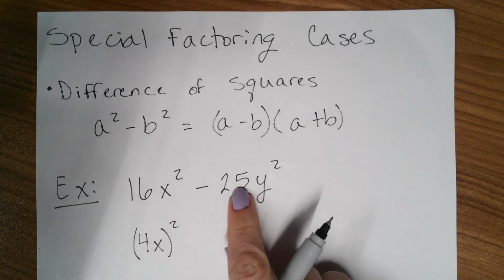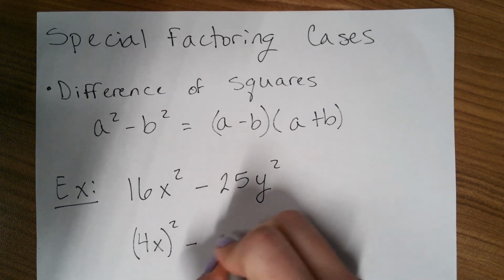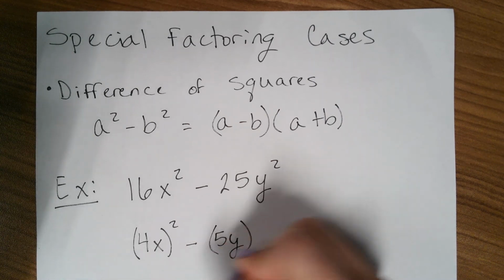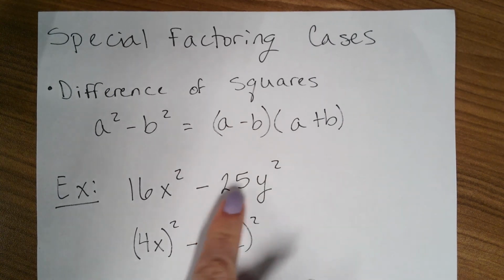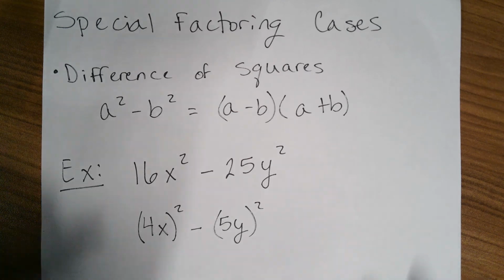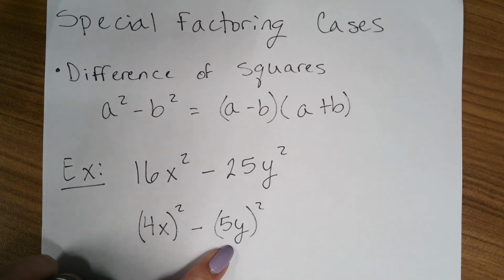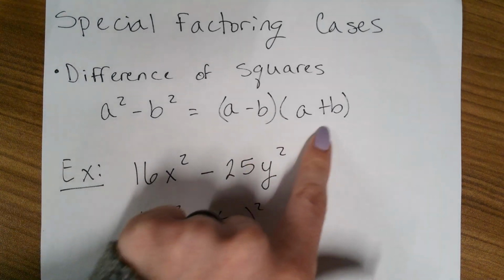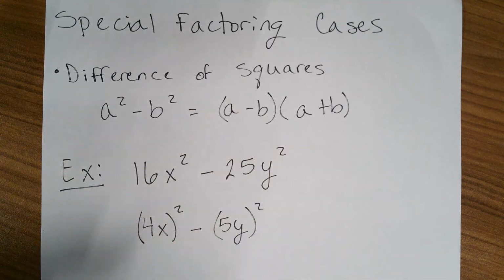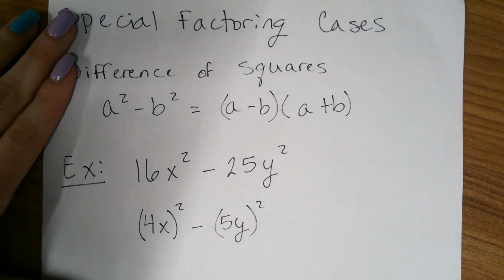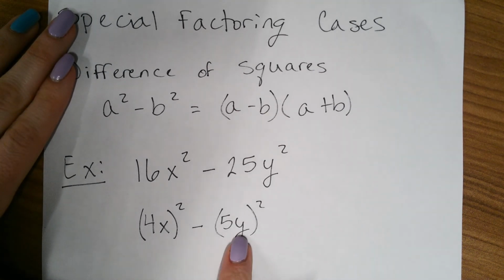And likewise, if I took 5y and squared it, I would get 25y squared. So my A in this case is 4x and my B is 5y. Now that I know what A and B are, I can just plug it into this formula right here and factor it. So A is 4x, B is 5y.